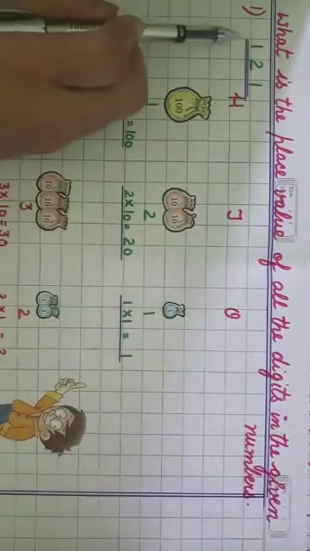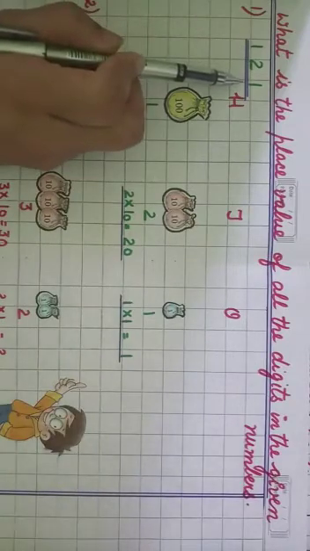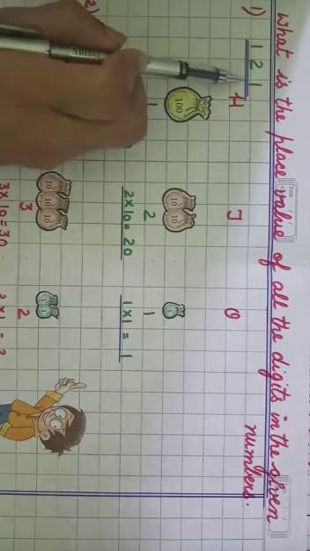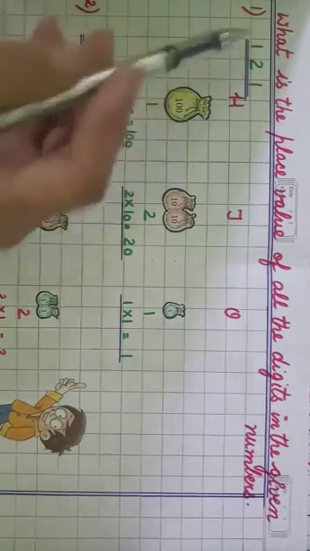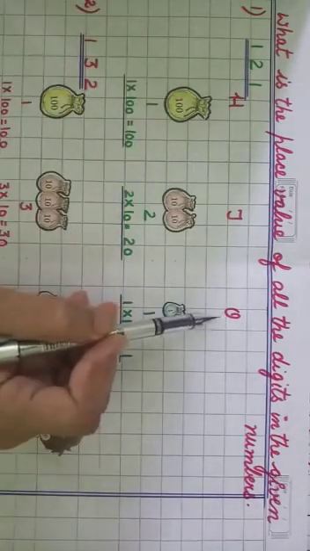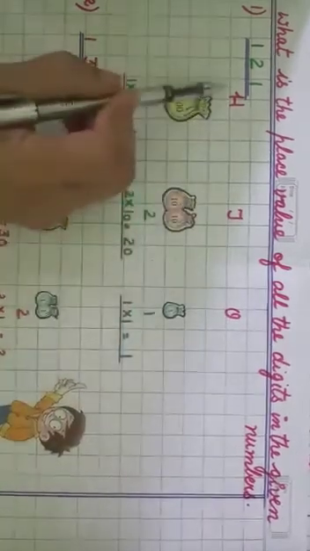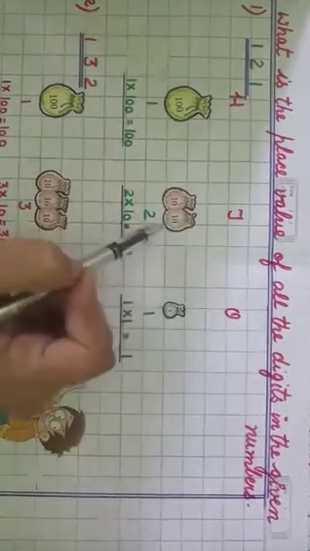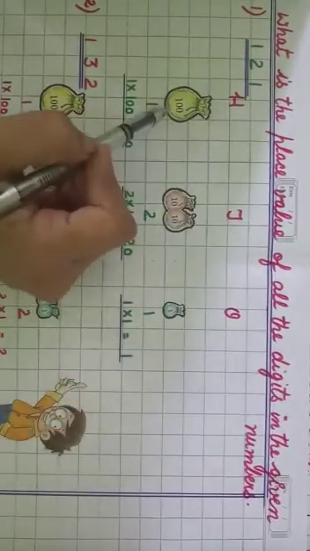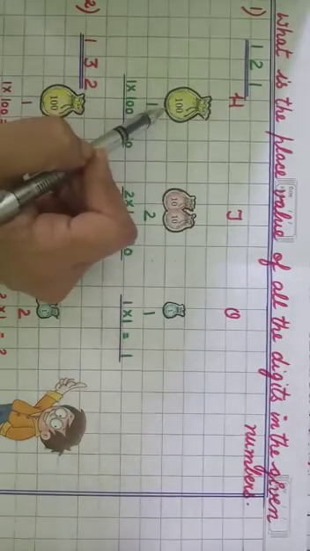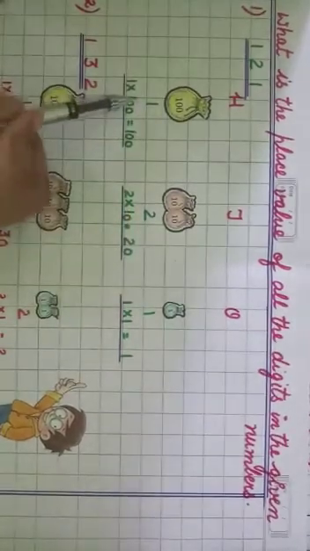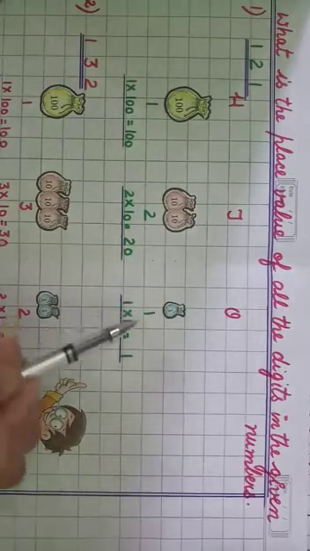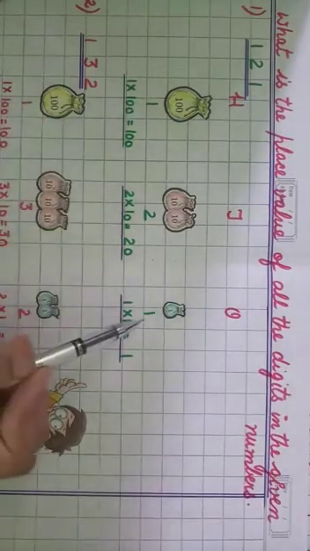The first number is 121. First of all we will write down places: ones, tens, hundreds. Ones means 1, tens means 10 and hundreds means 100. Now we will write down number 121.